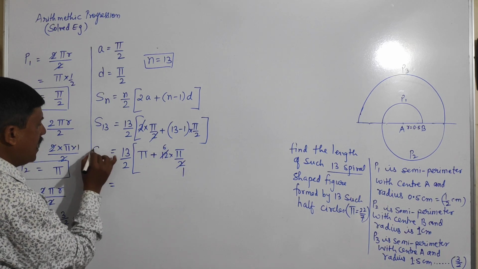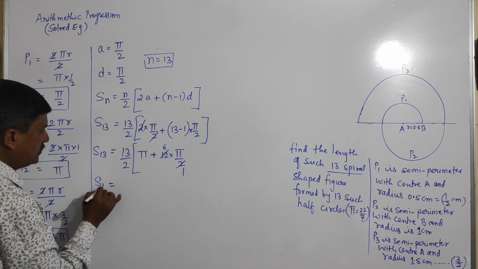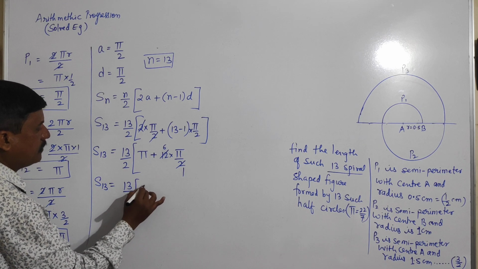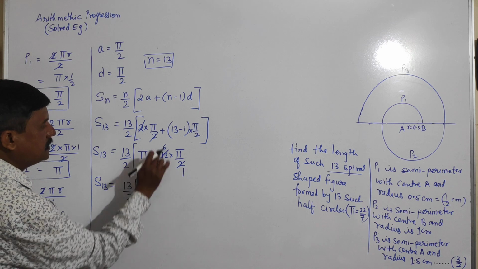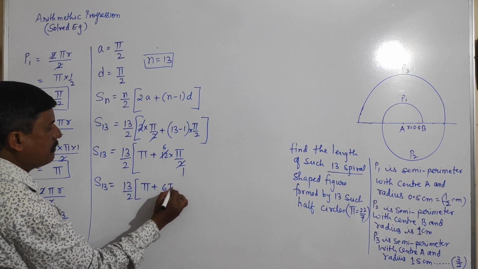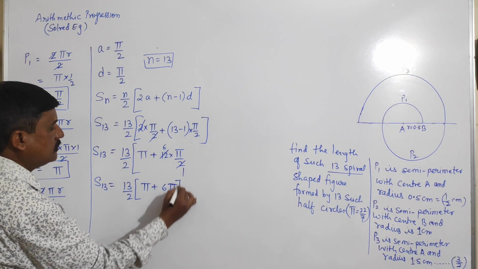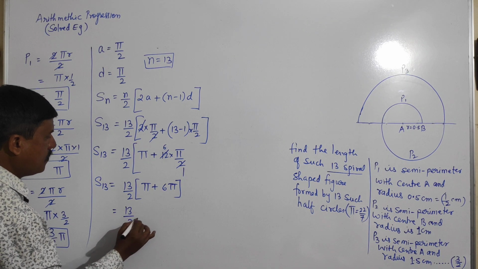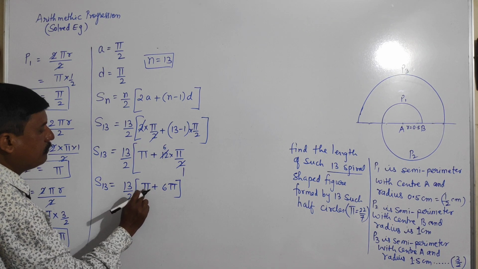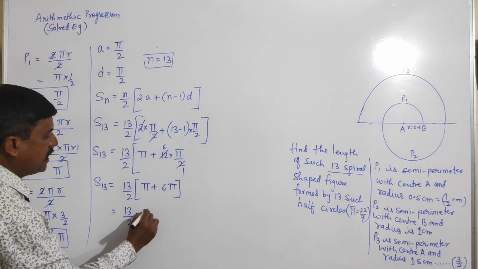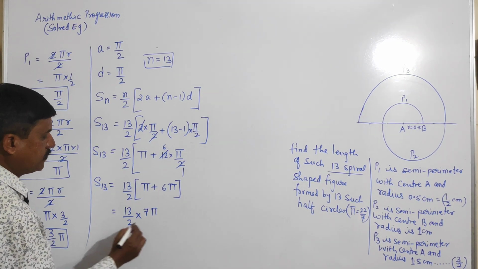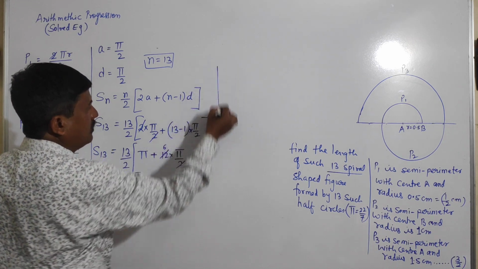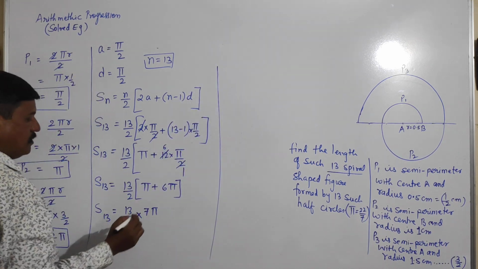So what is the answer of S13? S13 is 13 by 2 bracket pi plus 6 pi. The remaining is 13 upon 2 into 1 pi plus 6 pi, which is nothing but 7 pi.